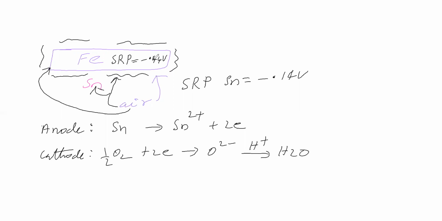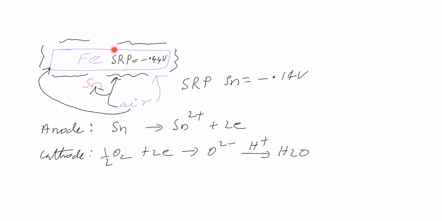Now see the SRP values: tin is minus 0.14 volt, iron is minus 0.44 volt. Compare the SRP values of tin and iron and come to a conclusion about which will act as anode. Iron has the lower SRP.